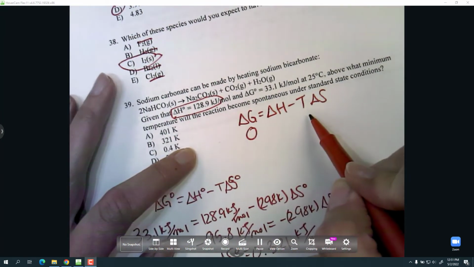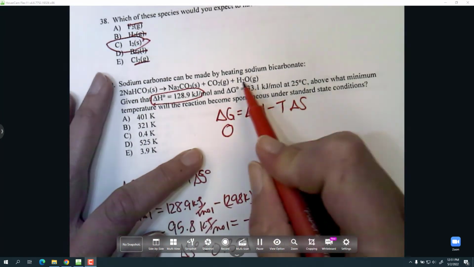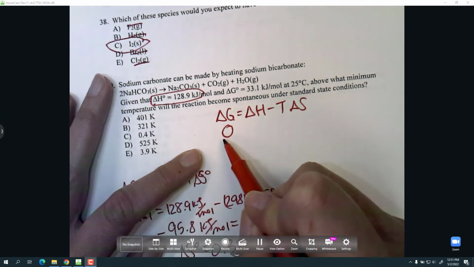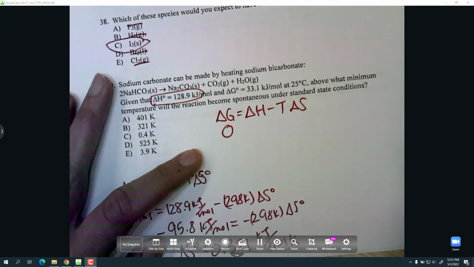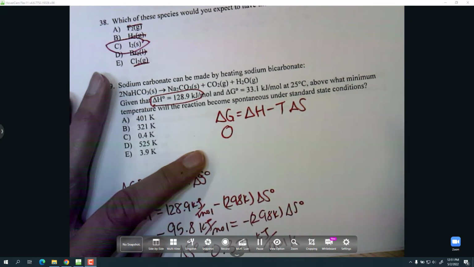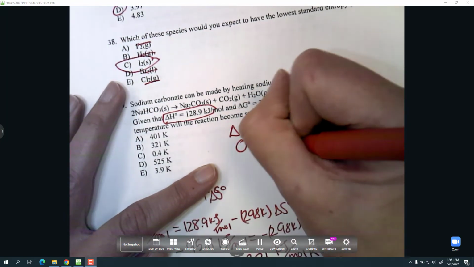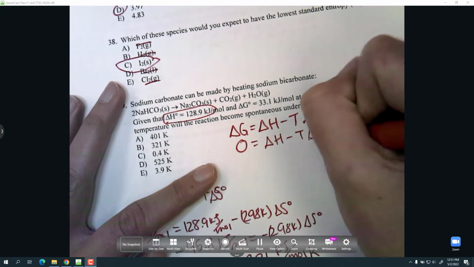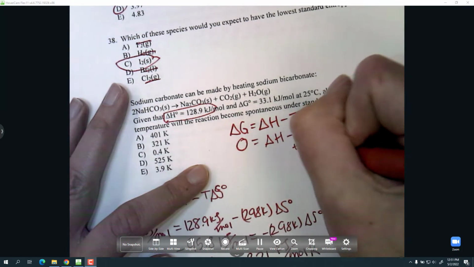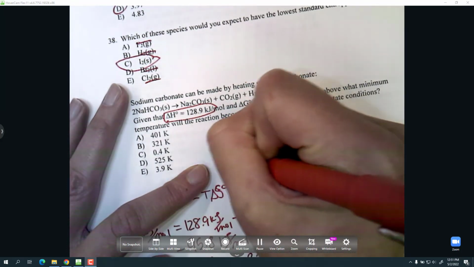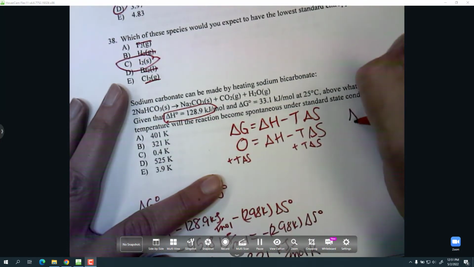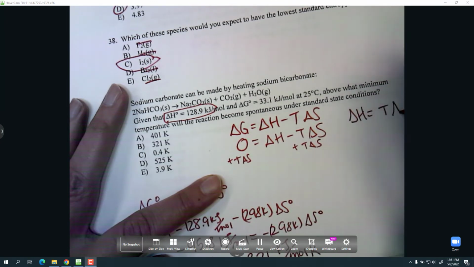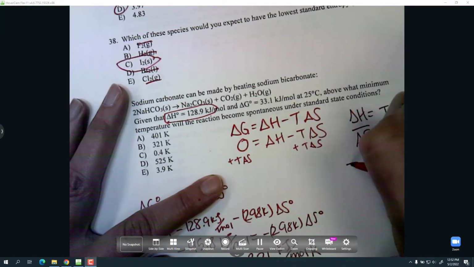For when I want to do this, set my delta G equal to 0, that's where it switches spontaneity, and solve for temperature. Let me just solve this first by adding.